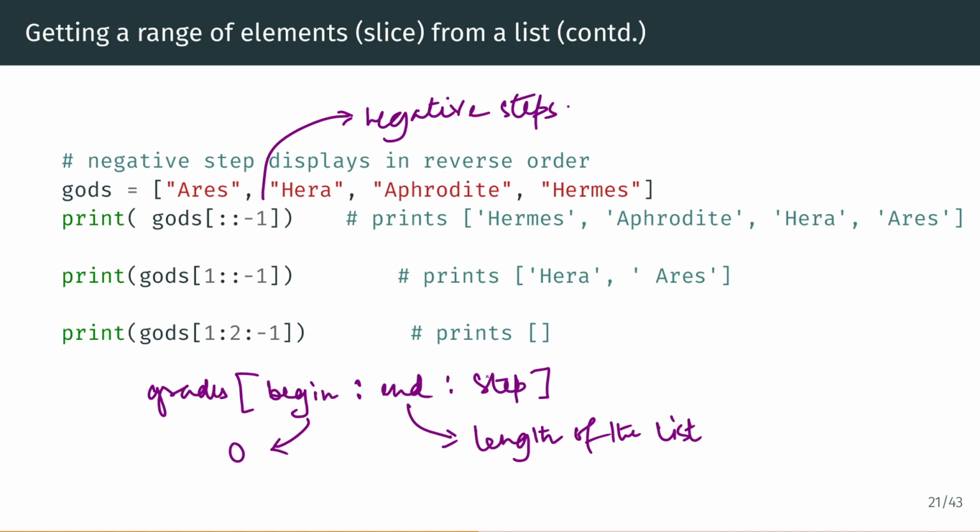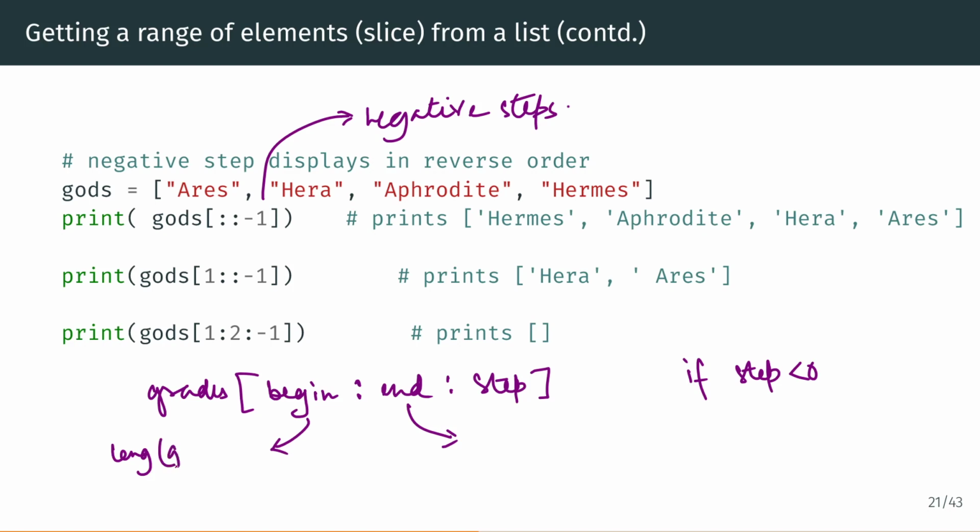But if the step size is -1 or less than -1, so essentially less than 0, the default values will change. Okay, so if the step size is less than 0, what will happen is the beginning of the list will default to the length of the list minus 1.